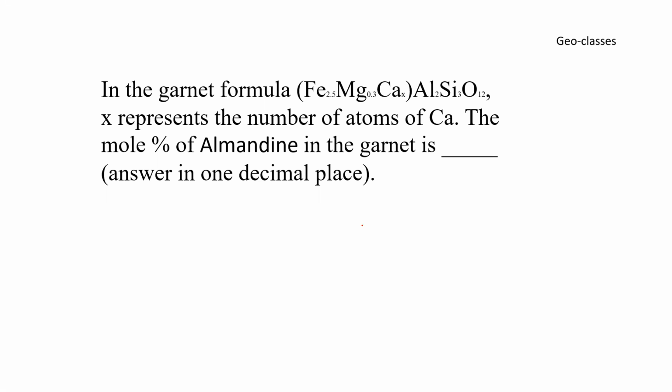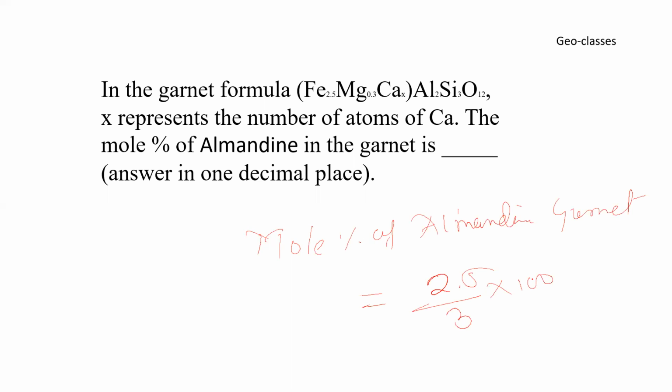Look, the mole percentage of almandine in the garnet shall be 2.5 divided by the whole multiplied by 100. So you'll receive something here. Is it clear?